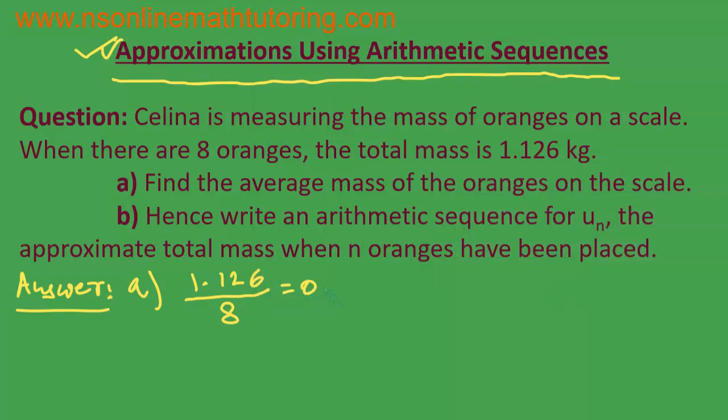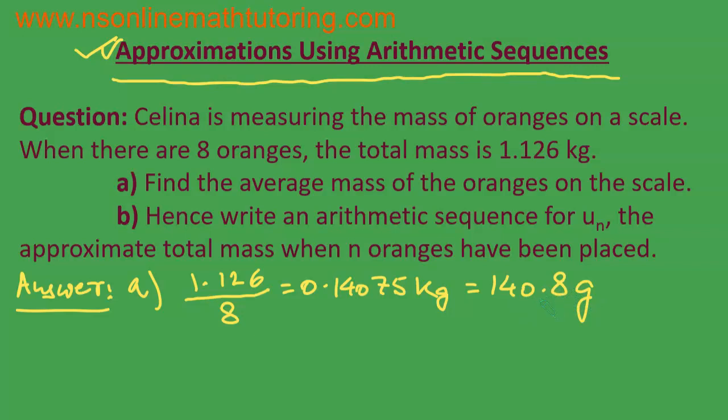This is 0.14075 kgs. Or I may convert this to grams. This is 140. I may take up to 1 decimal place, so it will be 140.8 grams. Okay, so each orange is weighing 140.8 grams.